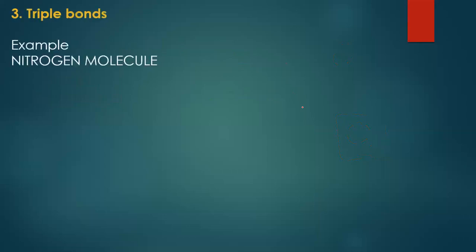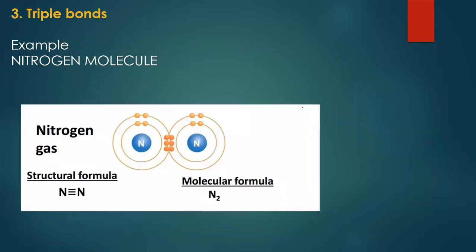Okay, so let's look at the triple bond, like the example which I gave here, which is the one for nitrogen. So as we can see, nitrogen here is sharing. Each is contributing 3 electrons, and then they share them together to make 6, because each of these atoms has 5 electrons in its outermost shell.